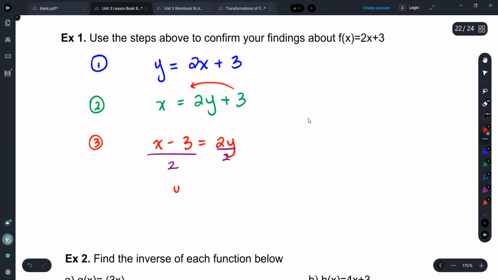And now we have y by itself. Just going to swap the sides there. And then the last step is you're just going to replace y with inverse notation. Because I started with f at x, I'll replace y with f inverse of x.